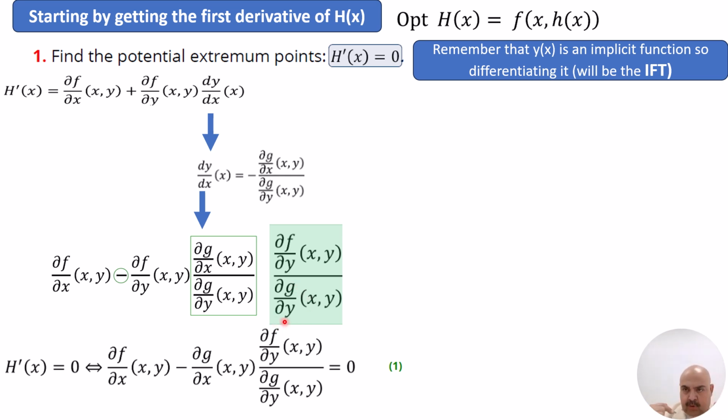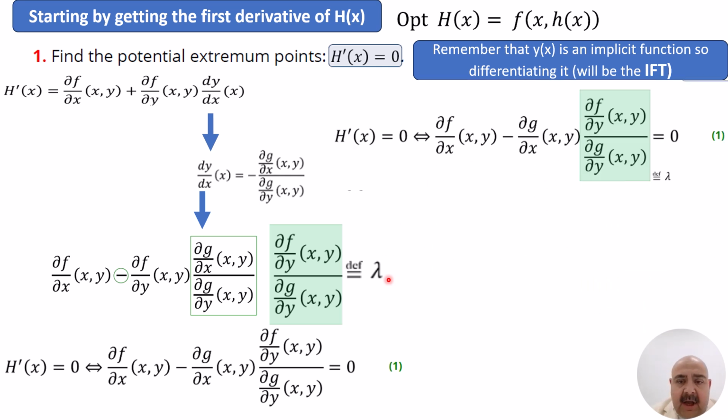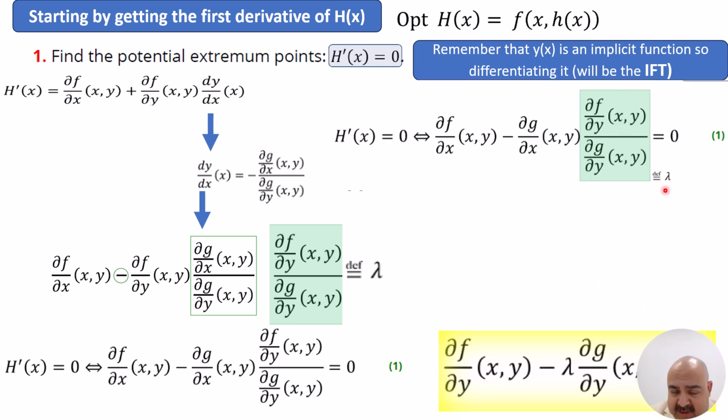Stop. Once more, remember from the beginning that we are optimizing a problem having an f, which is the optimality function, the function that we need to optimize, and we have g, which is the constraint. Okay, very good. This ratio I will define as lambda, as we will see in just seconds.